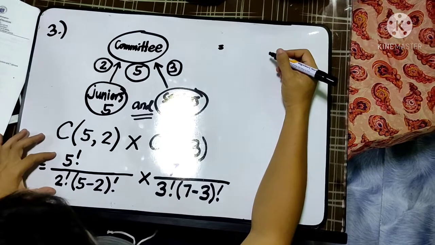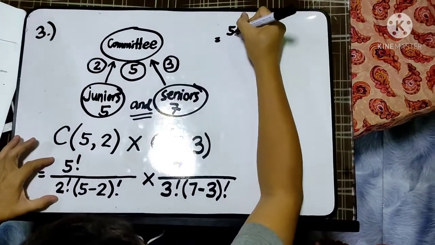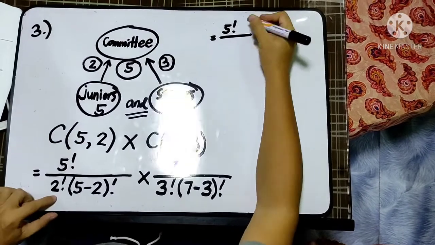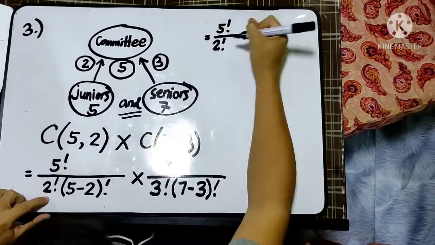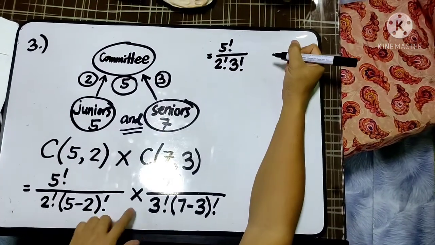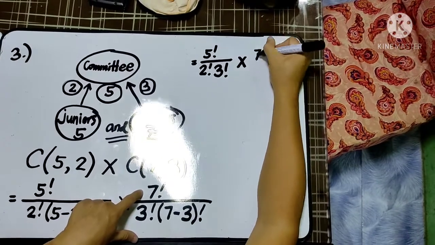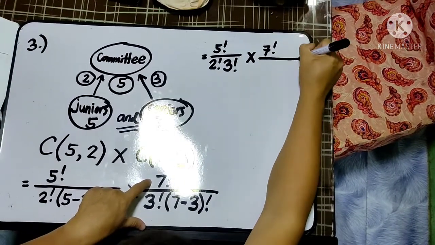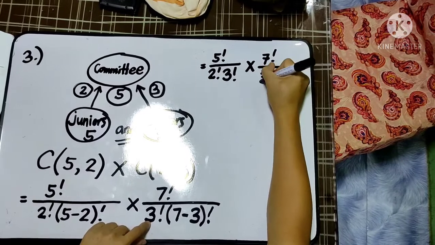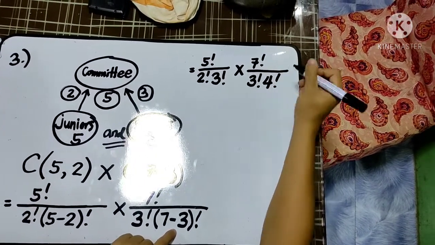Now let's simplify this further. So this becomes 5 factorial over 2 factorial, 5 minus 2 is 3 factorial. Copy times 7 factorial over 3 factorial, 7 minus 3 is 4 factorial.